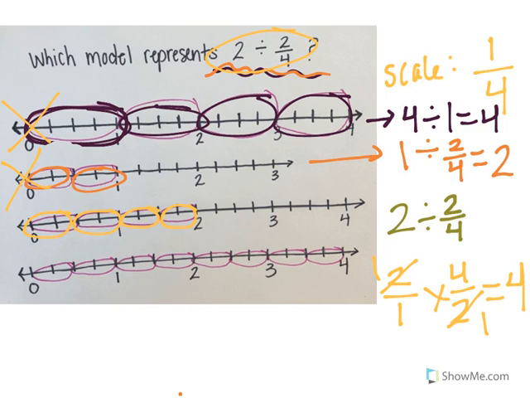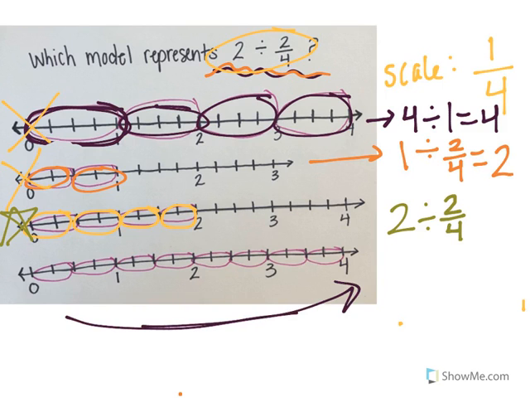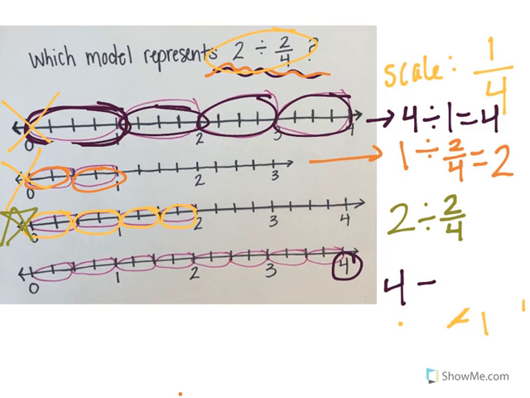Just to make sure that we have chosen the correct number line or the correct model, let's evaluate this last number line. I see that I am covering the distance between 0 and 4. So there are smaller groups within that. So therefore 4 is my dividend.